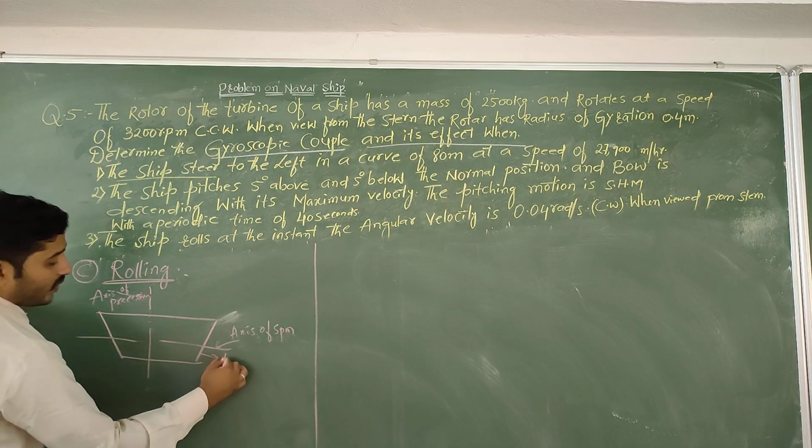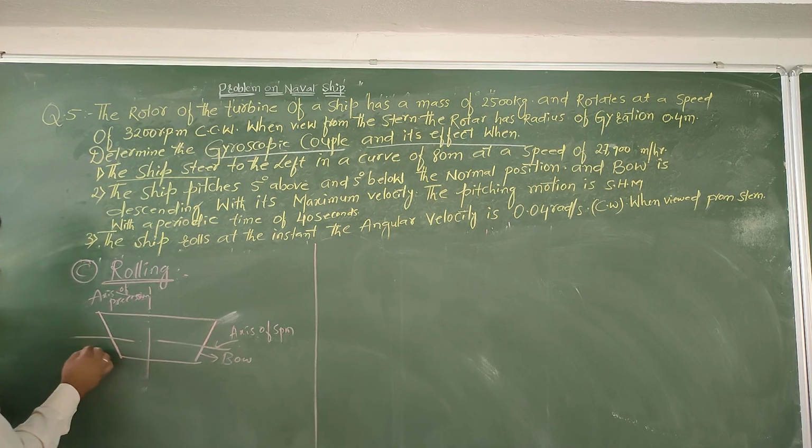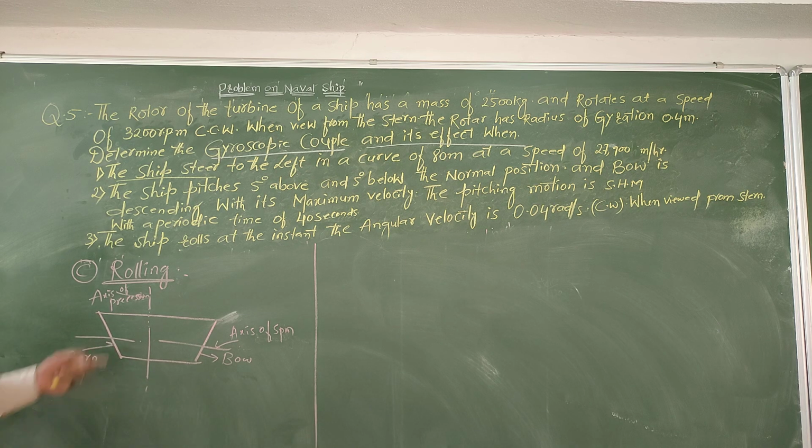The front end we can say is the bow and the rear end we can say is the stern. The third condition I will read.